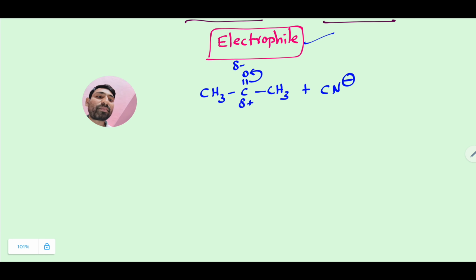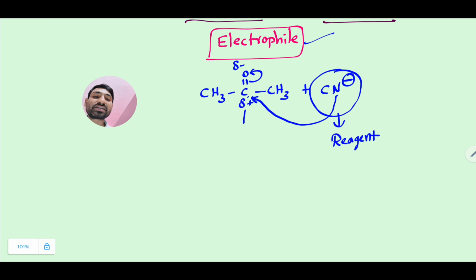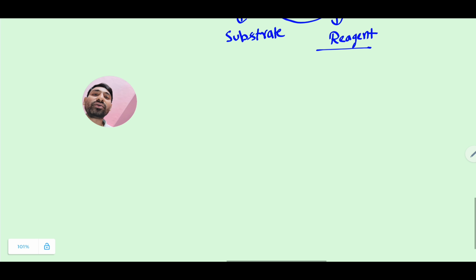This CN minus will attack the positive carbon. So CN minus is the attacking species, simply called the reagent, and the carbon-containing compound, acetone, is called the substrate. Again, reagents are of two types: electrophile and nucleophile.